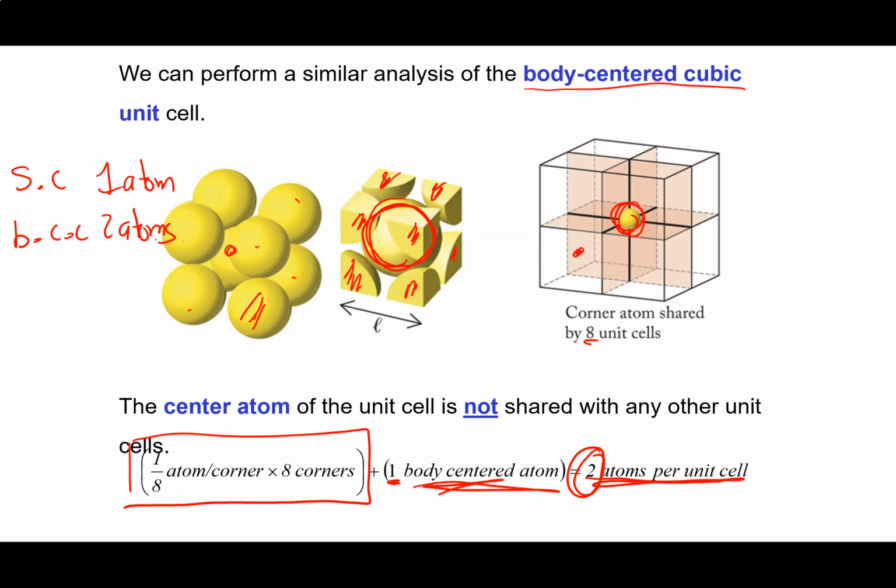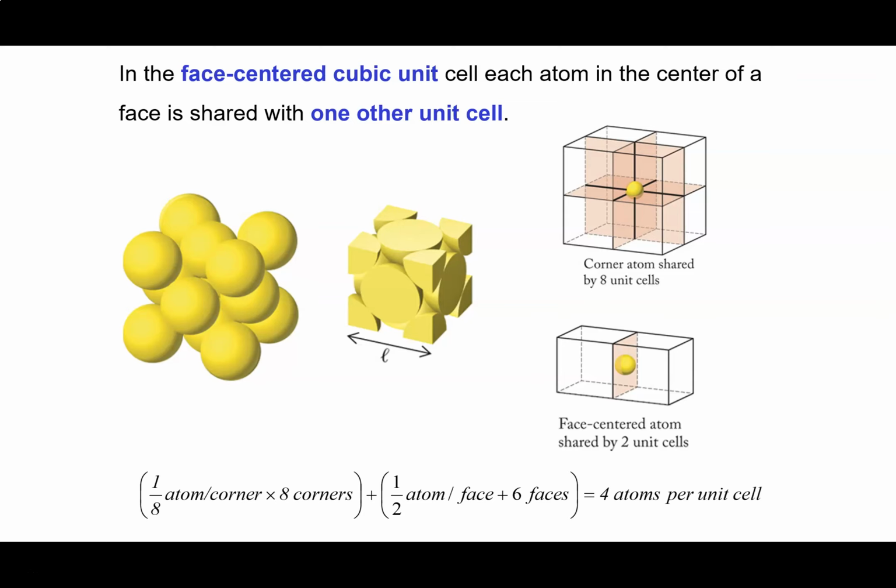Okay, so we've got another type of unit cell that we'd like to look at eventually, and that's the face-centered cubic unit cell. In the face-centered cubic unit cell, you have an atom at each corner. There are 8 corners, and each of those atoms contributes 1/8 of an atom.